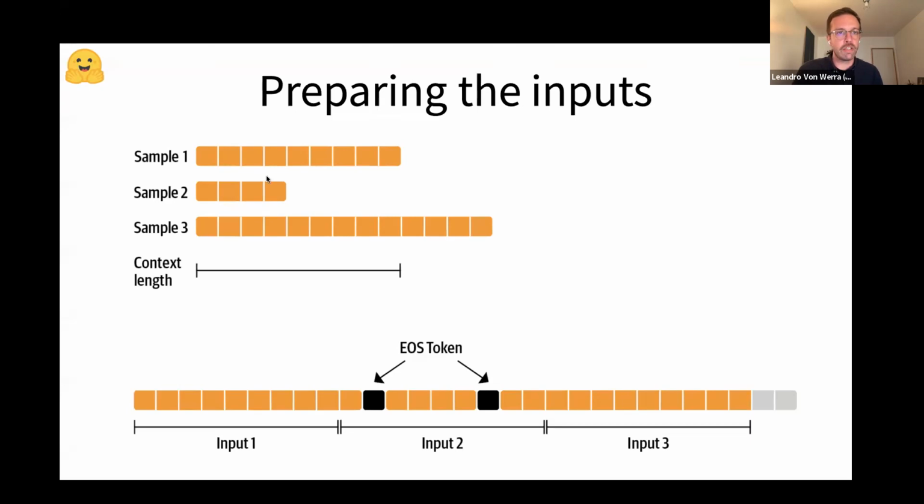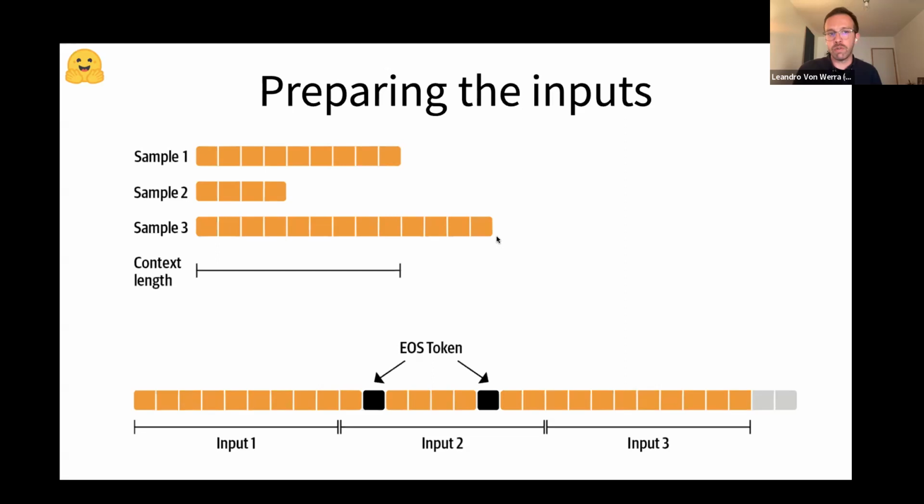But if you look at the three samples I show here above, one is exactly the right length, one is too short, and one is too long. The simplest thing to do is maybe we could just cut off the ones that are too long. Maybe we could pad the ones that are too short. But that would mean the model looks at just padding for a long time, which is inefficient.